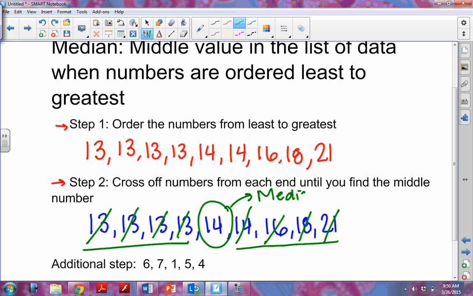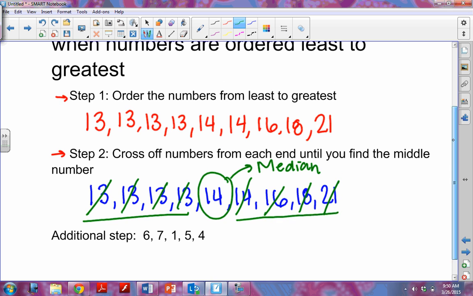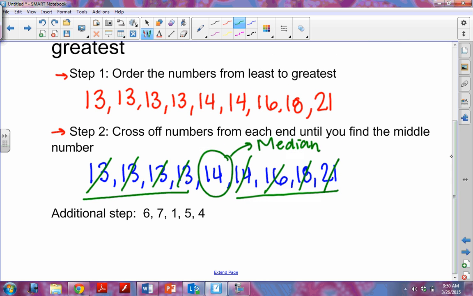Now there are some special cases where you do not have an odd number of data points, you have an even number. Let's take a look at that. Let's say I have this data set below: 6, 7, 1, 5, 4, and 2. Let's find the median.